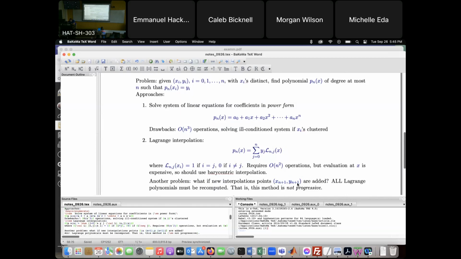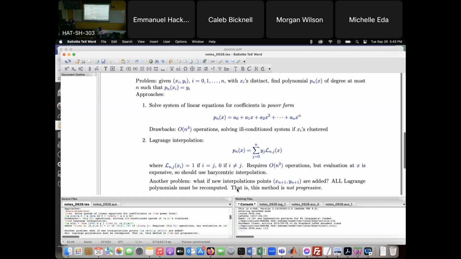Every time you add a new data point, that bumps up the degree of your polynomial by 1. If that happens, all the Lagrange polynomials have to be changed. There's no convenient way to update this polynomial to account for new data. You have to start from scratch. Same is true here: the matrix of your system of equations can be updated, but solving a system is still a whole lot of work.